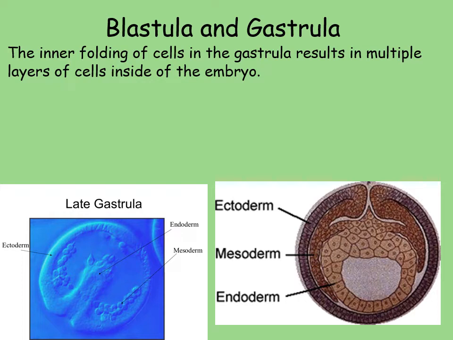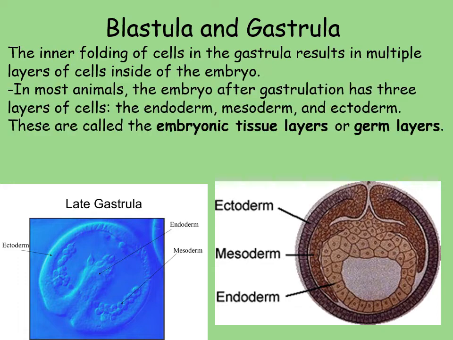Okay, so as this tube folds inward into the embryo during gastrulation, this has another important effect because it's creating multiple different layers of cells within the embryo. So in most animals, the embryo after gastrulation has occurred has three layers of cells.